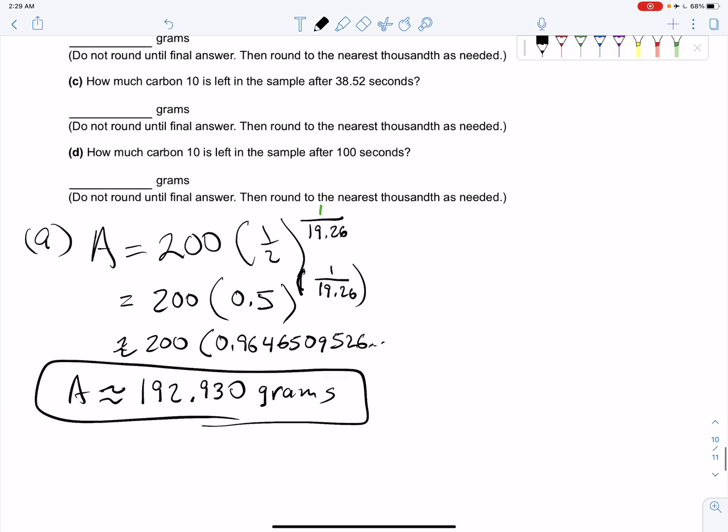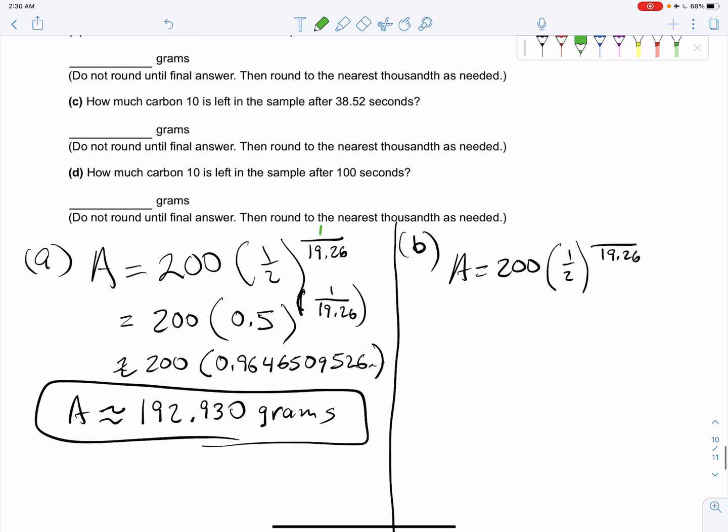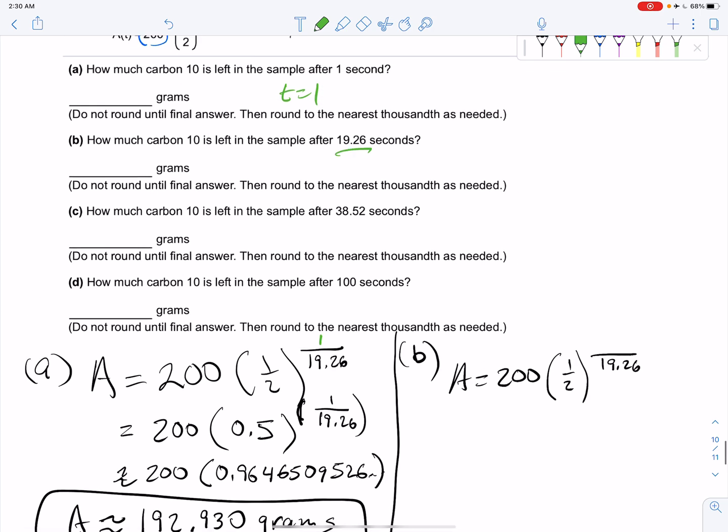Just trying to consolidate here so I can squeeze in part B on the right side of the screen. Once again, we have the amount starting with 200 grams of this carbon 10. There's my half-life. In this case, on part B, what is t equal to? On part B, it says t equals 19.26 seconds. Well, that's convenient.